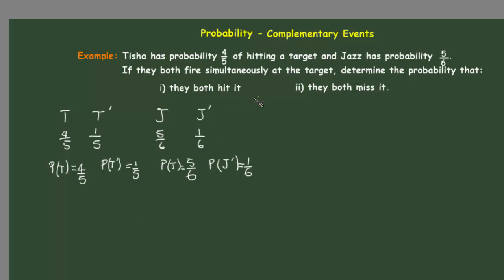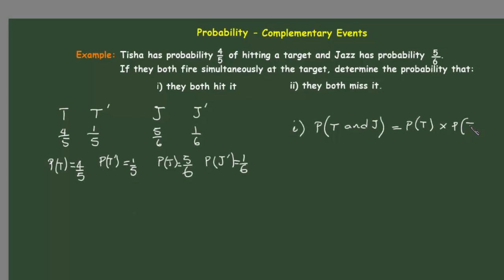Okay, now what we don't know, we want to determine the probability that they both hit the target. The probability for Tisha to hit the target is 4/5. This means we're going to have the probability of Tisha hitting and Jazz hitting. This is what we need here, both hit the target. Just like we saw before for independent events, it's P of T, the probability of Tisha hitting, times the probability of Jazz hitting.